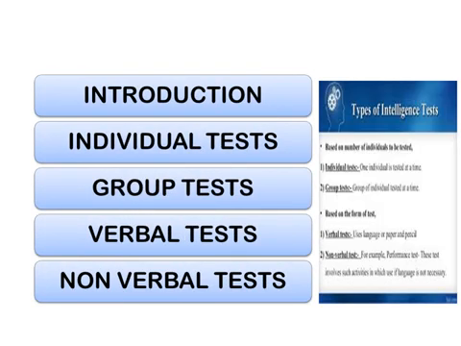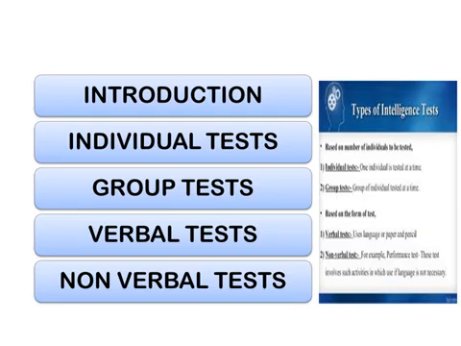Introduction. Psychologists use a variety of intelligence tests to measure intelligence. All the tests are classified into the following main categories: individual tests of intelligence, group tests of intelligence, verbal tests of intelligence, and non-verbal tests of intelligence.